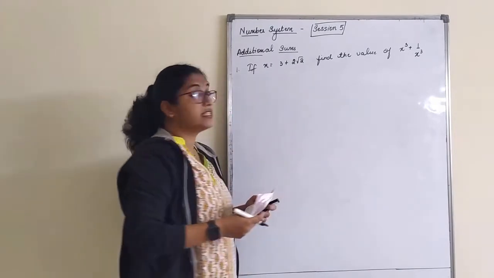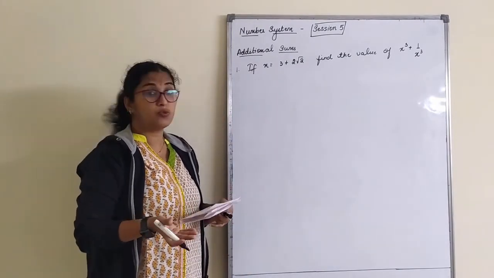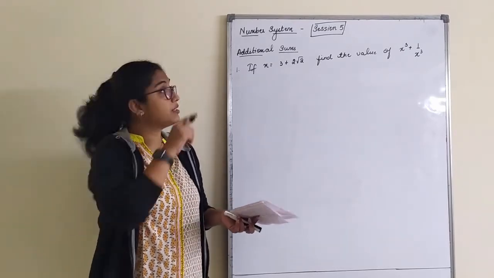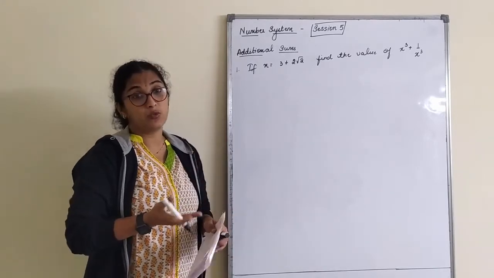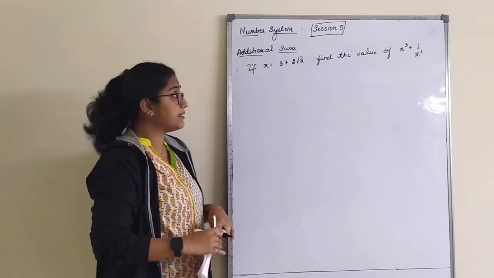Now, we have taken this type of a sum. Sometimes it is also asked, find the value of x square plus 1 by x, or find the value of x square plus 1 by x square, or find the value of x plus 1 by x, right? So, one pattern of the sums I will be solving here in the class.